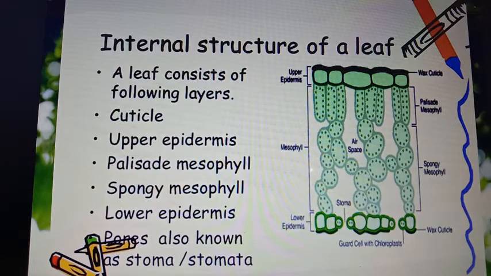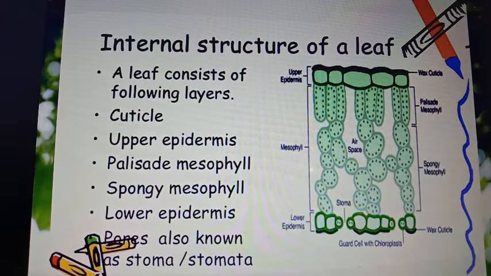So first we will talk about the internal structure of leaf. Leaf is the main place where photosynthesis takes place. Internal structure of leaf is specialized to carry out the photosynthesis process.